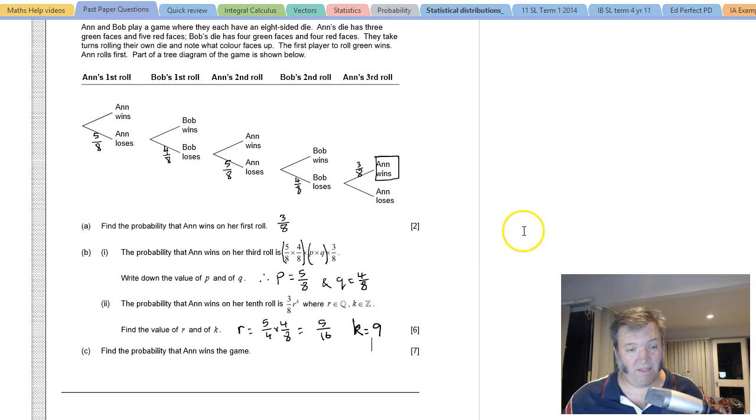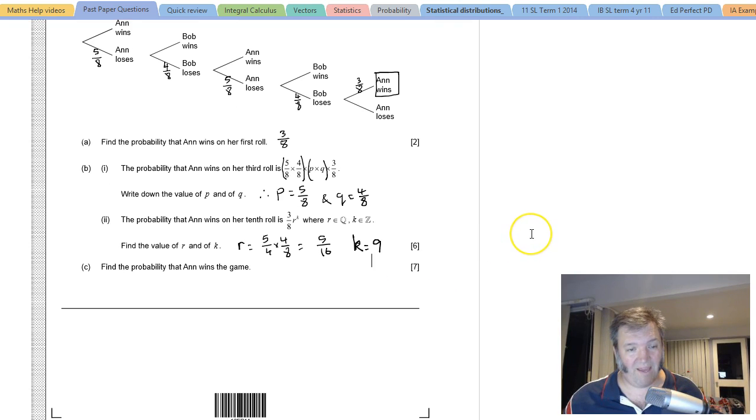Find the probability that Anne wins the game. So what would be the probability that she wins on the first roll? W1 for wins on first. That's 3/8. What's the probability she wins on her second roll? Well, we figured that out before, didn't we?